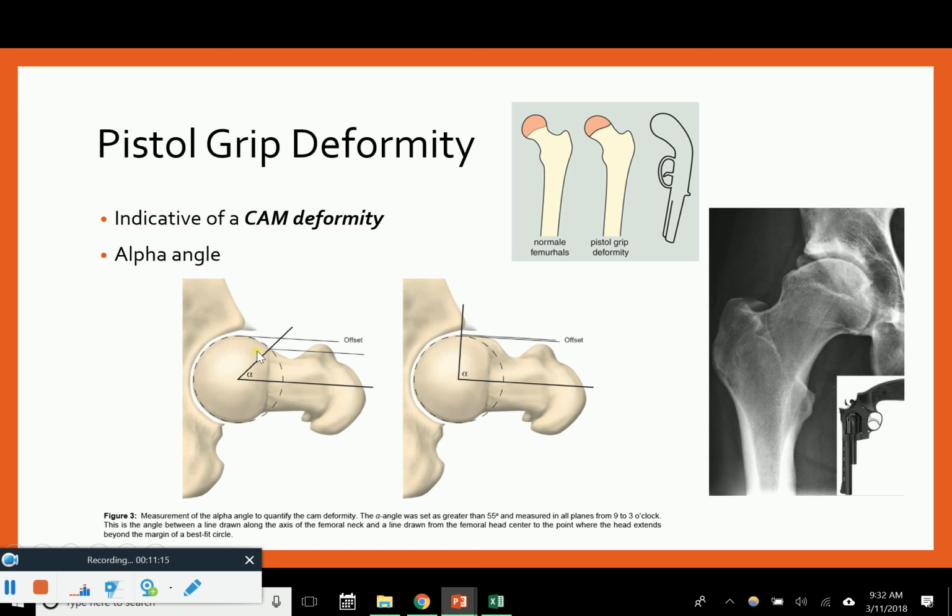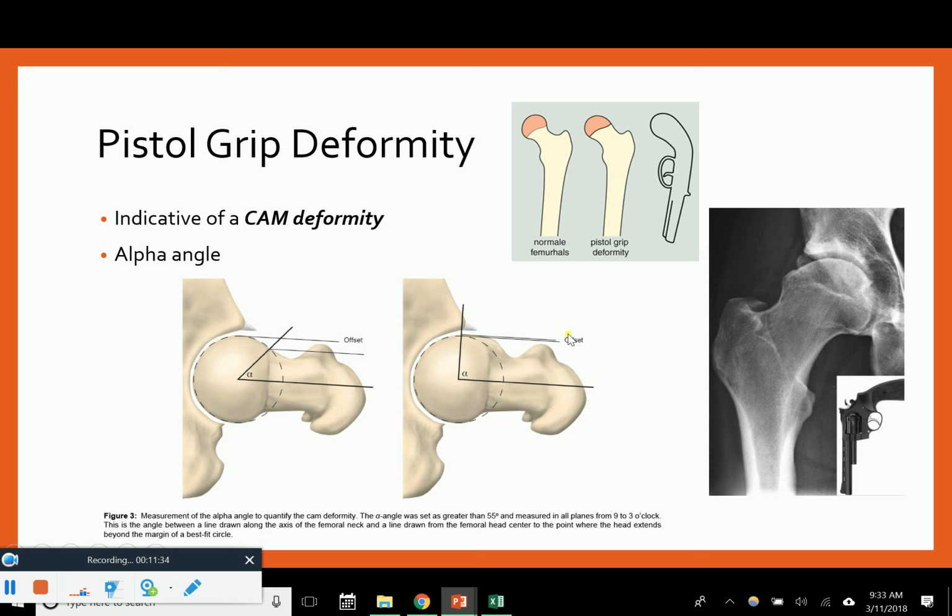Now what happens is the alpha angle, well, let's just put it this way. Your femoral head should create what looks to be a 360-degree circle. There should be no bony projections off of this. It should look fairly reasonable like this. In a cam lesion, as we draw our circle, there's bony overgrowth.